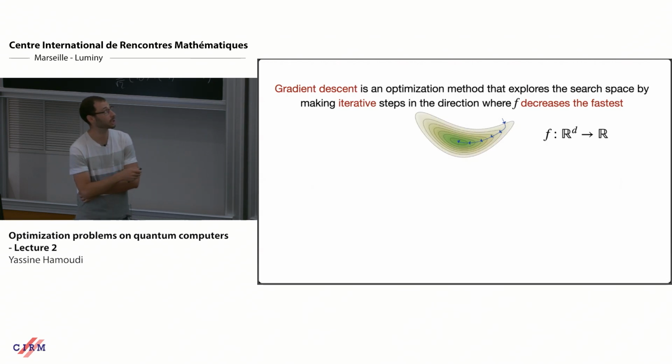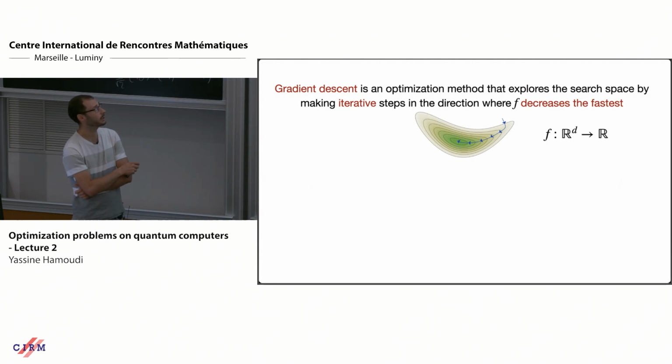In continuous optimization, where you are optimizing over a continuous set of values, there is a very well-known method called gradient descent, which is a very natural way of optimizing a function. The idea is to start at a point in the search space, and then do local moves, trying to converge toward the minimum.